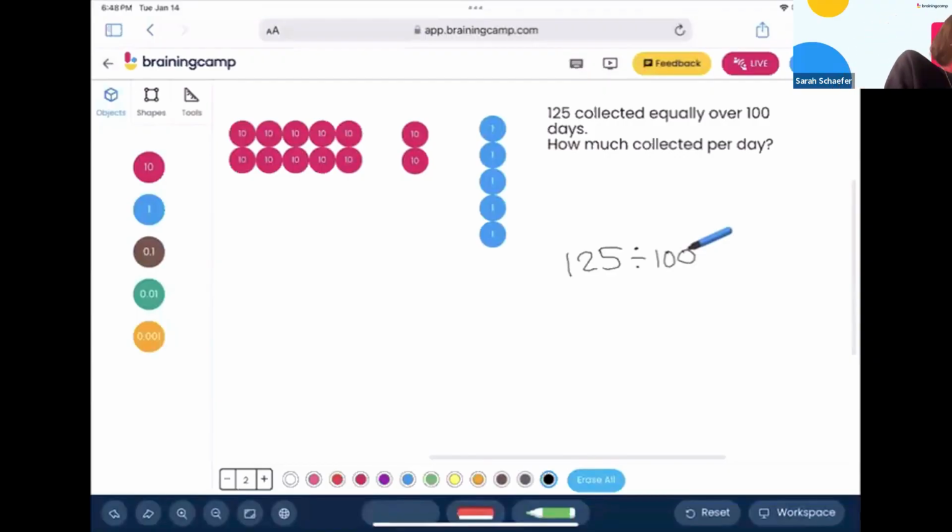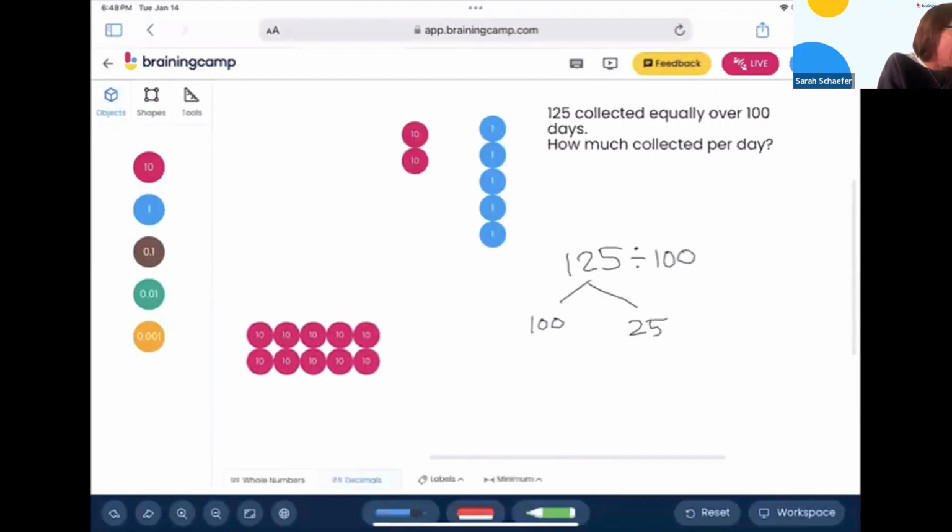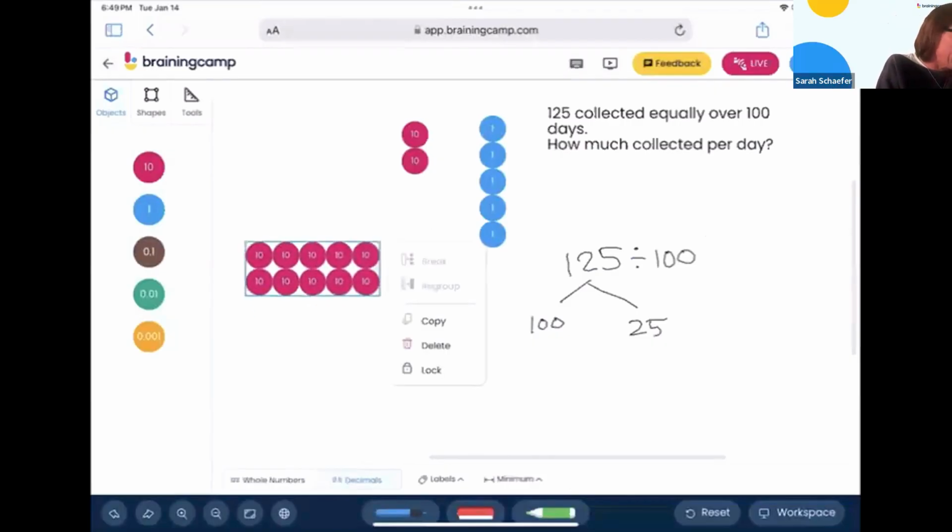Oh, okay. So somebody's saying, let's deal with the 100 first. Let's not worry about the 25. Let's leave that because we know that this amount here, 100, we could share it.